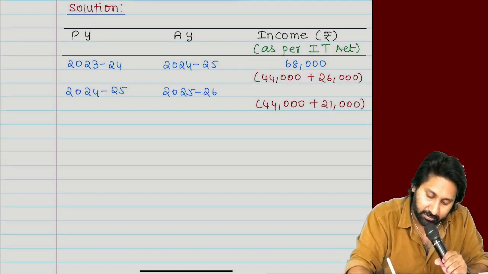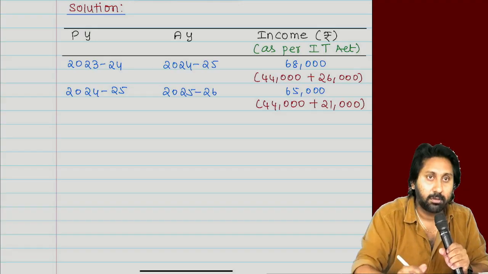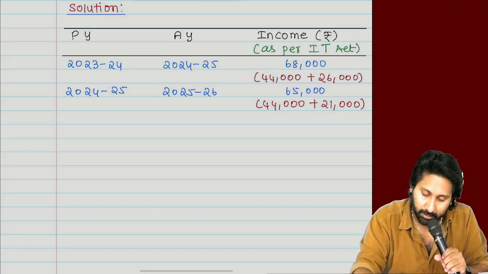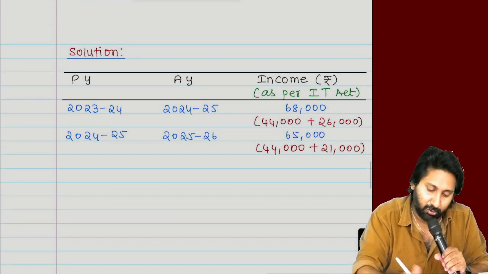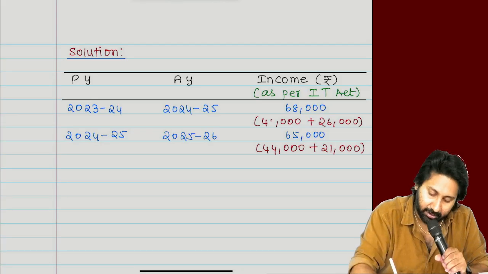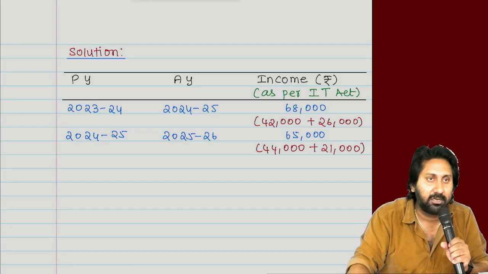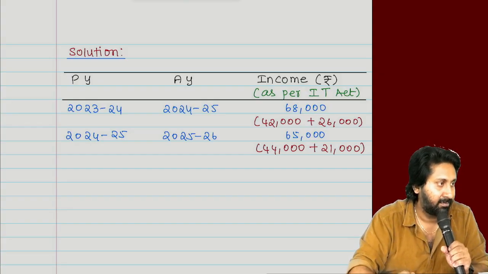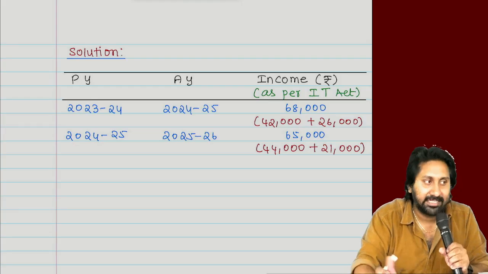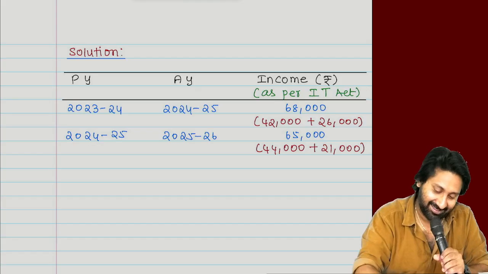Please tell the value. 42,000, 26,000, 44,000, 21,000. I said 42,000 and I have written 44. Then it is a human error here.